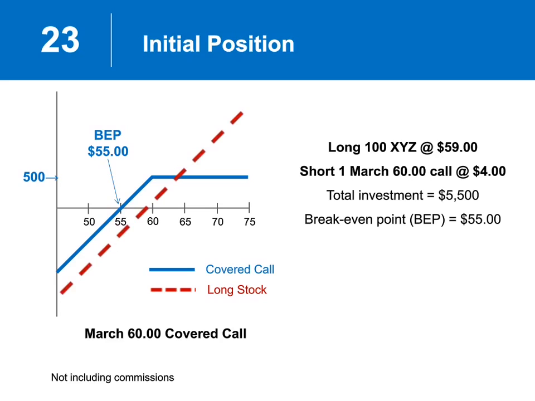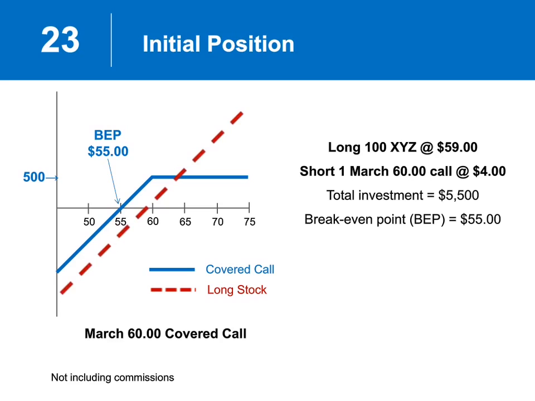And we can see, as we suggested earlier, the downside is significant in covered call positions, because after the protection from the credit taken in from the short call, we've got a long stock position. So that's why that blue line continues to head down to the bottom left, because below 55, we're just straight out long stock. But again, our forecast was neutral to slightly bullish over the next 90 days.